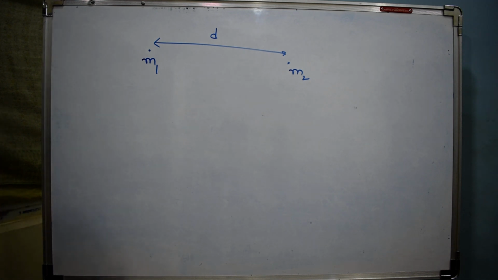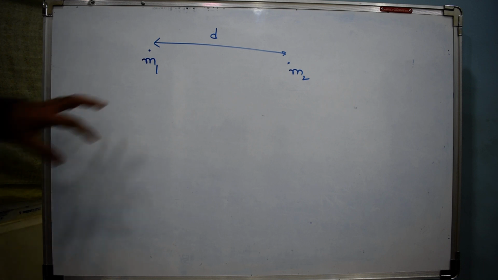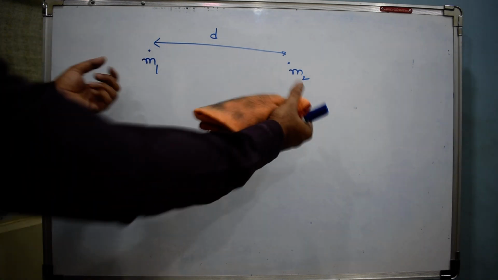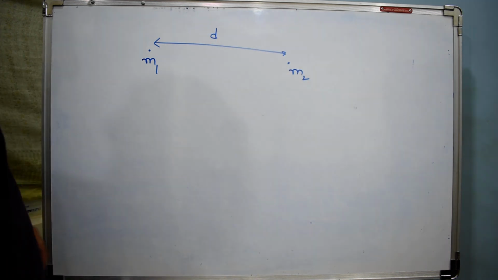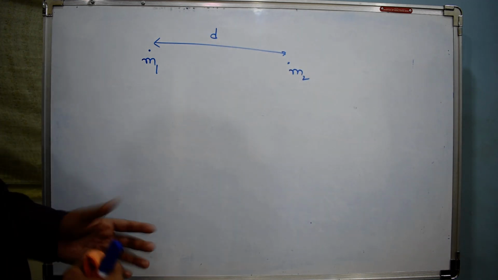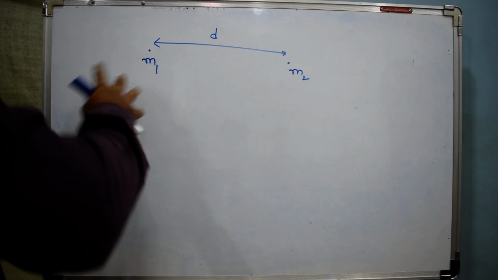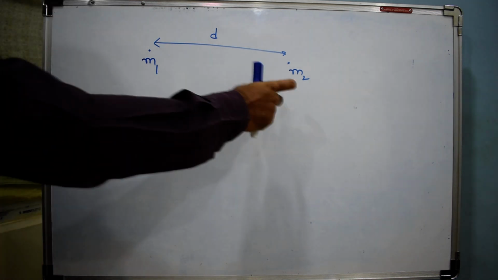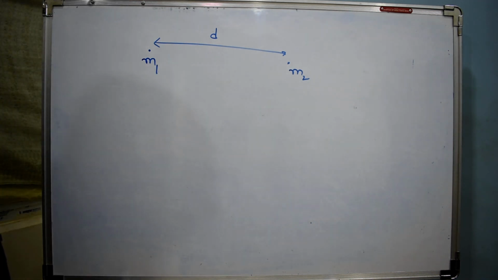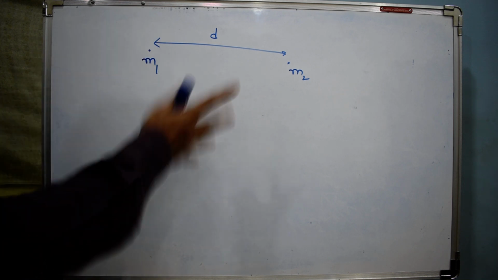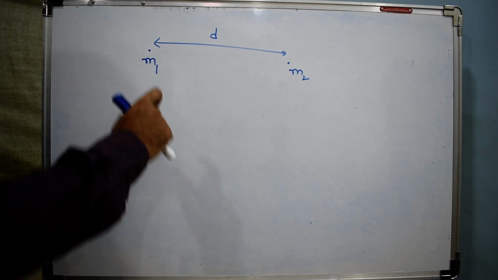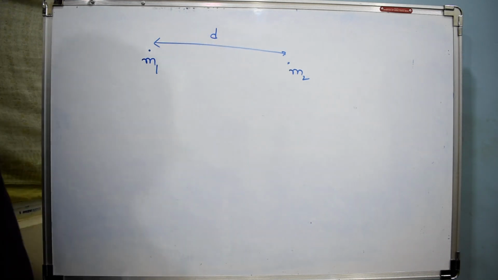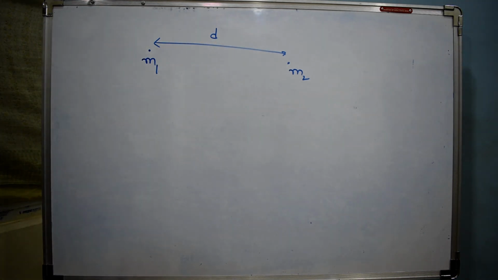Now let's say I'm holding m1 and m2 at a separation of d by some means. Or let's say at this instant they are in space, only these two masses are present, and they are not experiencing any force due to anything else in the universe. Then at this instant, these two masses are separated by the distance d.